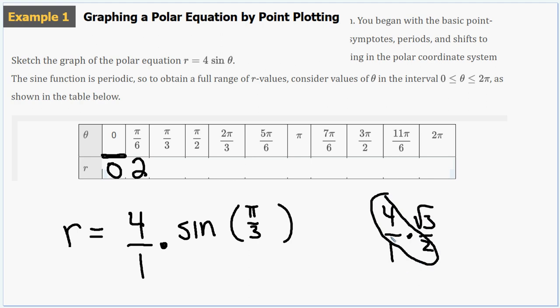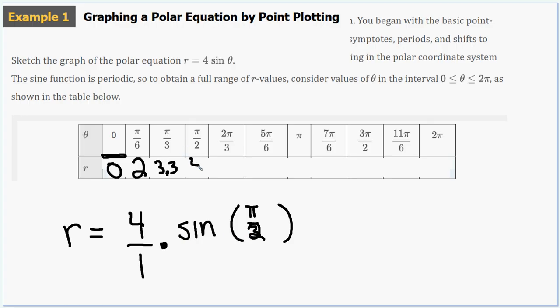This 4 divides by that 2, so that'll be 2 times root 3. Now to sketch a graph, I would prefer a decimal, and 1 decimal point is fine. That's about 3.3. Let's see, sine of pi over 2 is 1. So 4 times 1 is 4.